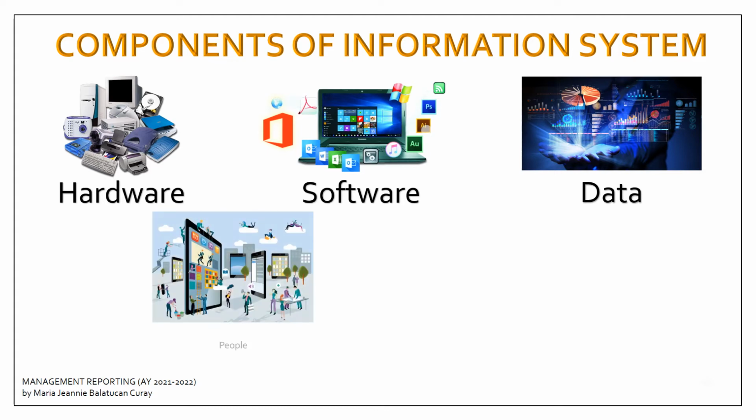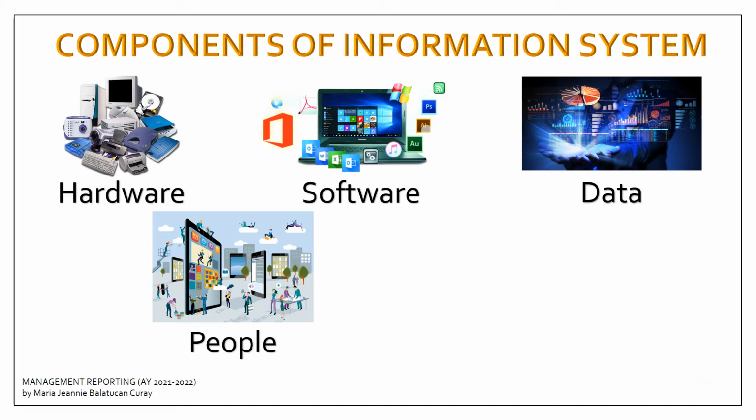Next, the fourth component is people. When thinking about information systems, it is easy to get focused on the technology components and forget that we must look beyond those tools to fully understand how they integrate into an organization. So the people are the users.